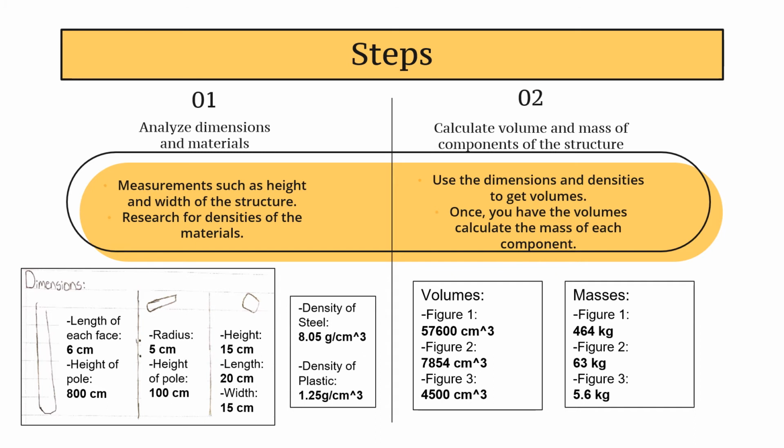So now that we know the equations we will be using to get the weights of each of the components, first we will need to analyze the dimensions and materials. Measurements such as height and width of each component of the structure, as well as researching the densities of the materials, which in this case are steel and plastic, the 2 materials that form the lamppost.